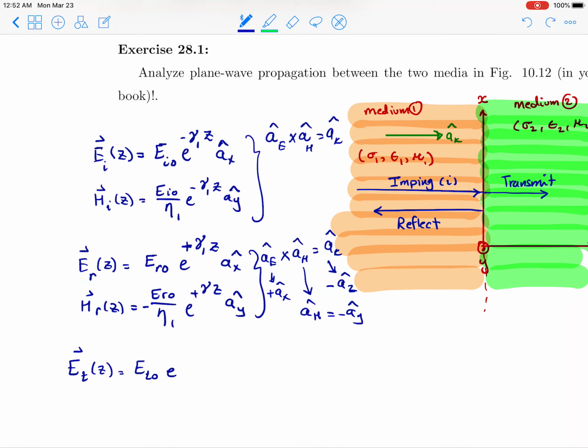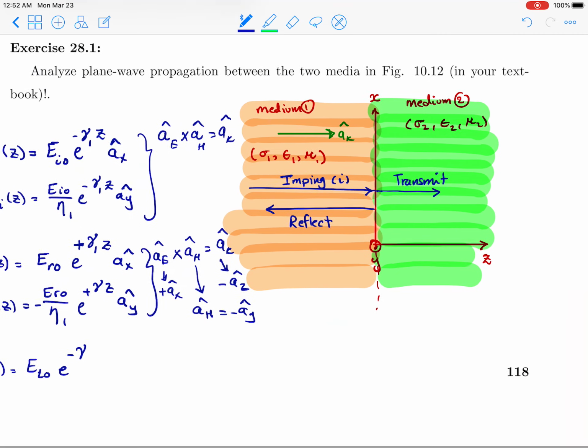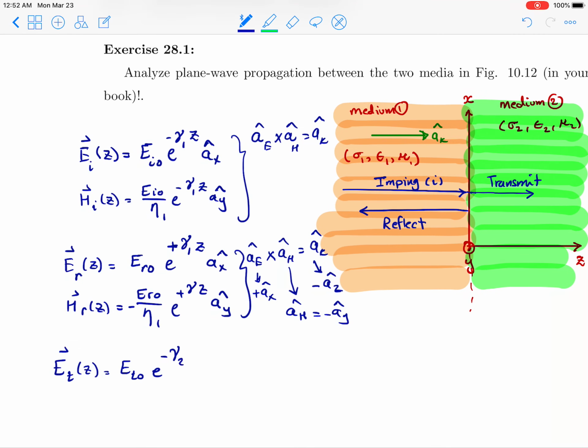Medium 2 is characterized by gamma 2, not gamma 1. The wave is propagating along the positive z direction, and the electric field has an x component. The magnetic field has a y component, scaled by the intrinsic impedance of medium 2, which again can be complex.